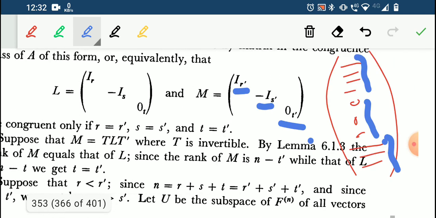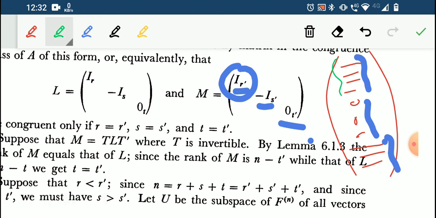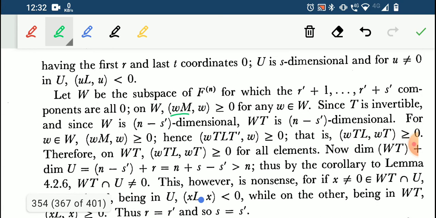Since I_r' is always positive, it completely depends on the elements which are there here. So this is a vector which I am showing. It depends on that only. If it is positive, Wm will become a positive number, and the inner product with W itself will once again be positive.